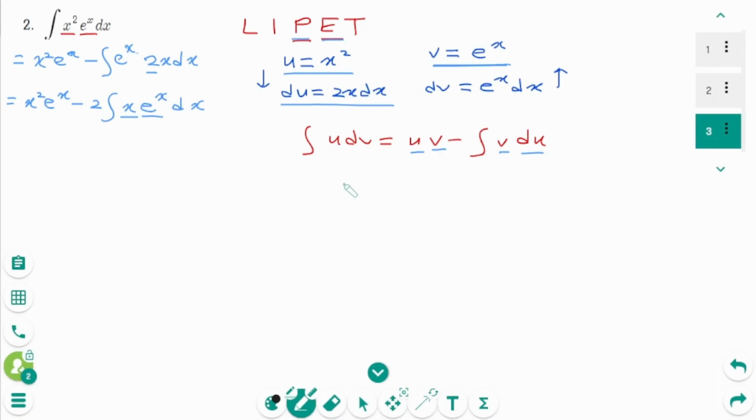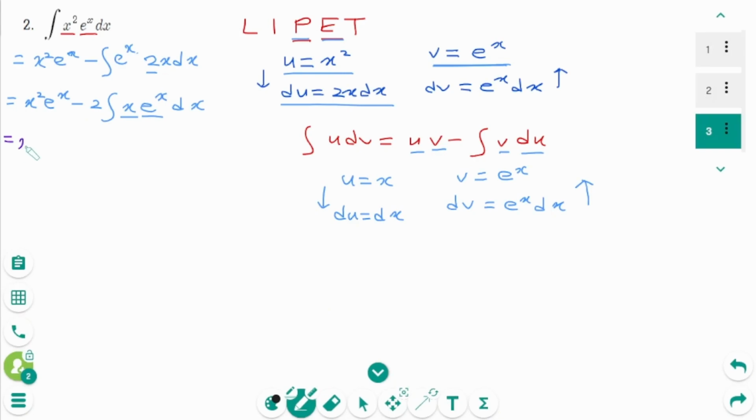So new u is x and dv is e to the power of x dx. Differentiate each side, du equals dx. When you integrate e to the power of x, then v equals e to the power of x.